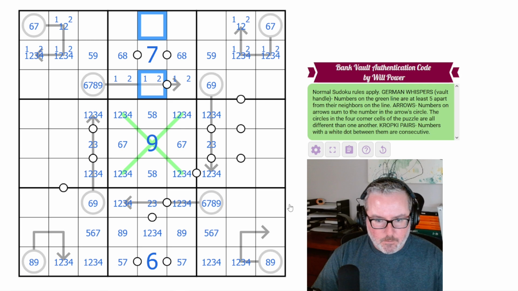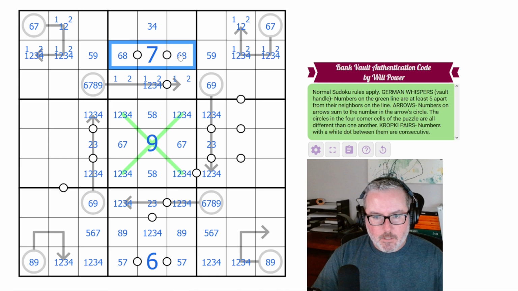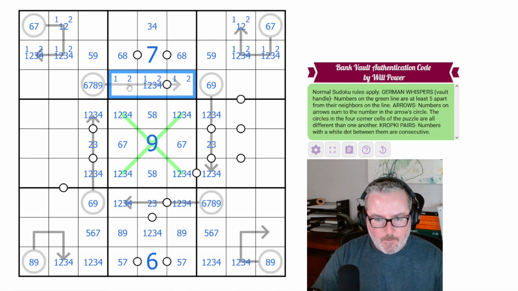So we know these are from 1, 2, 3, and 4. We know this can't be 1 or 2. We know there can't be a 6 on here anymore. Well, we said that previously, that's how we got to this. So we know this can't equal 9. So that would be the only way we can get to 9: 1, 2 plus 6.